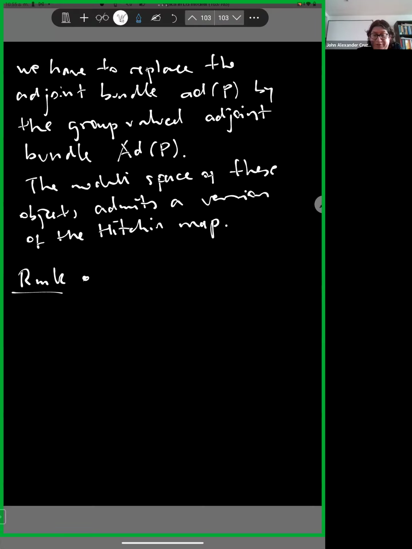In this context, does this multiplicative Hitchin map define an integrable system? The answer is: not in general.